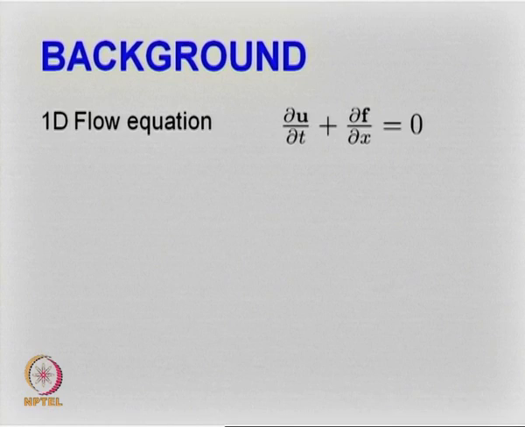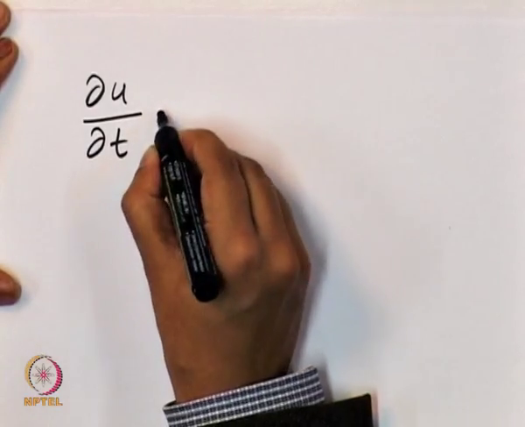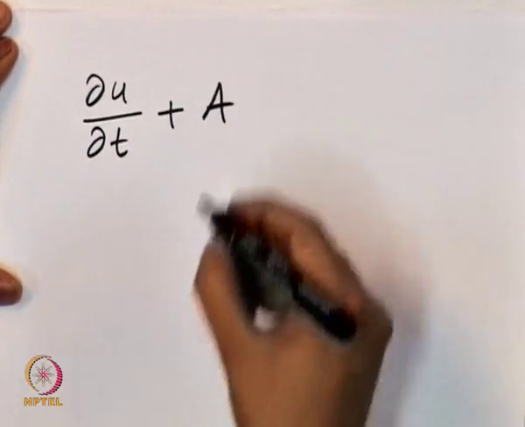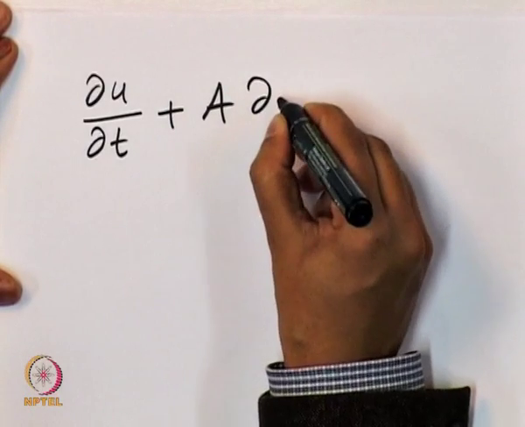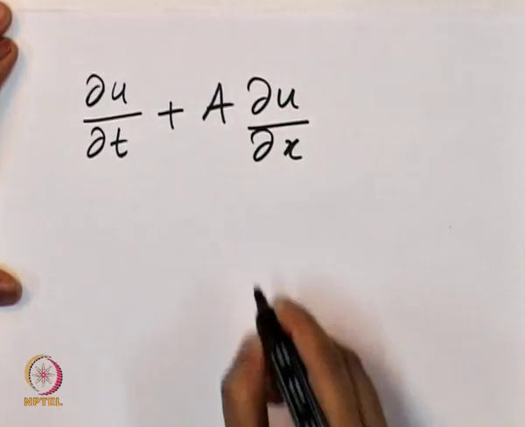So this is basically a one-dimensional flow equation, which I said. Let's simplify this equation even further. Let's say that we have a form where we use du/dt, and then we say that there is an A, which will be discussed in this lecture, and then du/dx.